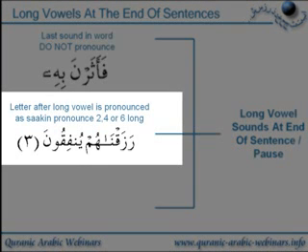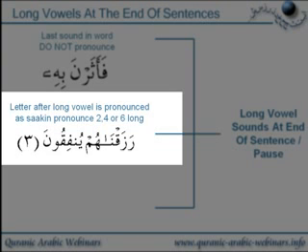The second case: the letter after the long vowel is pronounced as sakin. We pronounce the long vowel as 2, 4 or 6 long. So here we've got the word yunfiqoon, and then we've got the end of the sentence, or we're stopping.